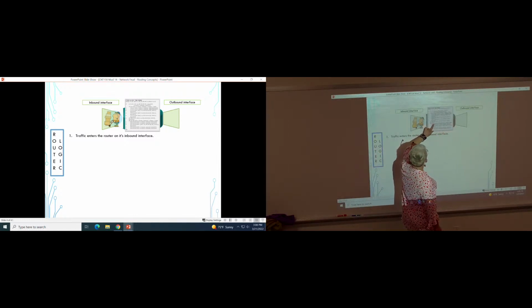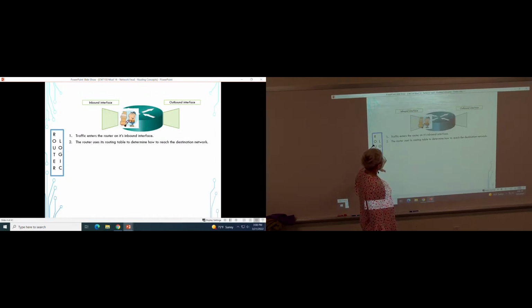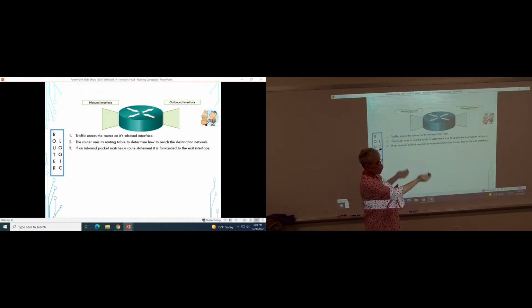So in this scenario, let's say it's looking for 192.168.0.10. It'll say, oh, okay, well, you're going to go out serial 0/0/0, and it sends it to serial 0/0/0, okay? So the router uses a route table to determine how to reach the destination network, right? And now it's going to send it out the outbound interface to whatever the destination is.